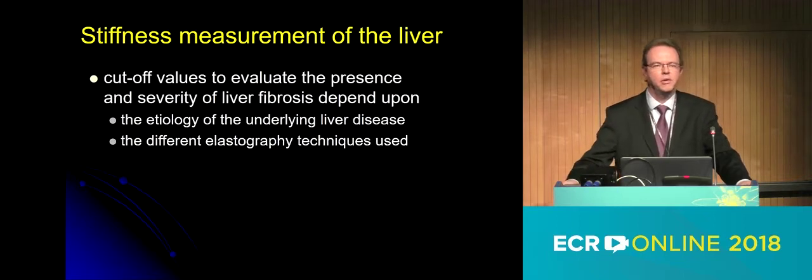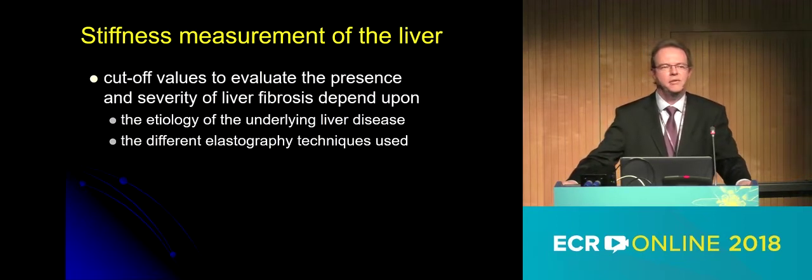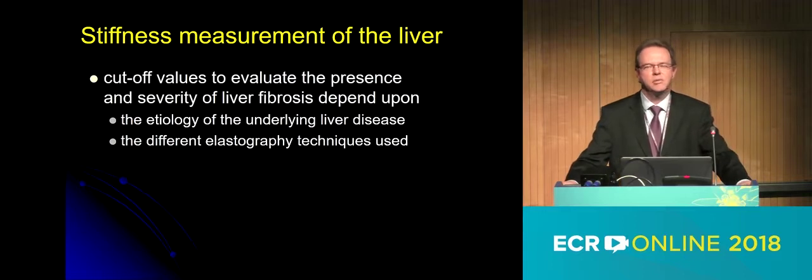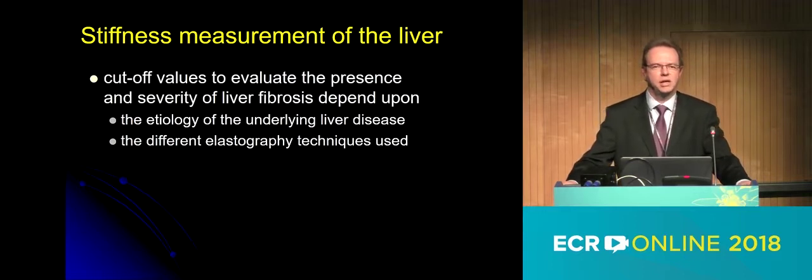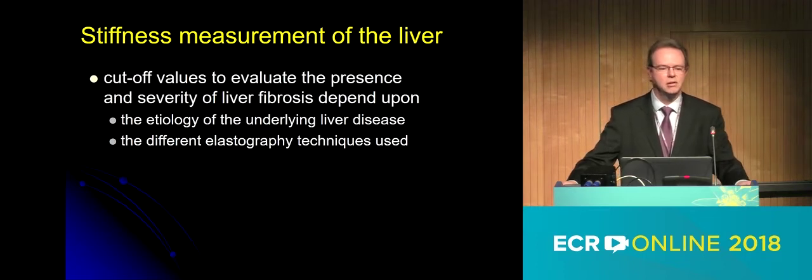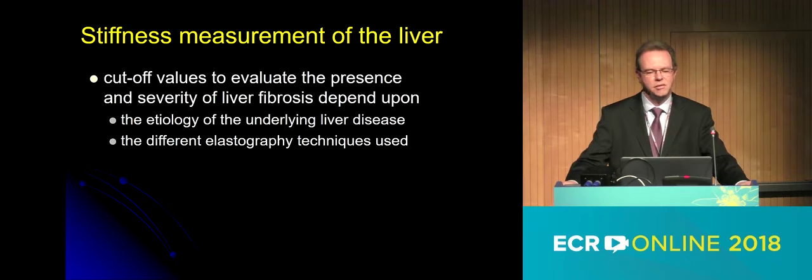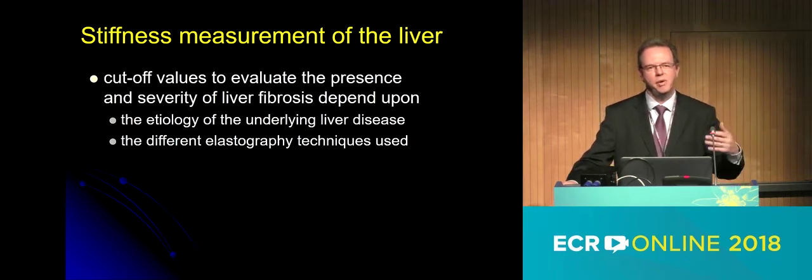But we all know that the different mechanisms that lead to liver damage are very different according to the underlying liver disease, to the cause of the chronic liver disease. So it means that the cutoff values to evaluate the presence and severity of liver fibrosis may depend on the etiology of the underlying liver disease.